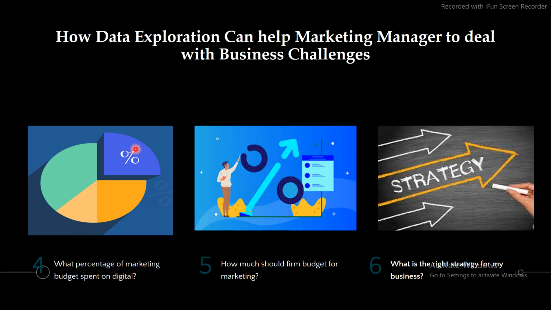Okay, what percentage of marketing budget should be spent on digital marketing? You can say how much should be the budget for marketing, how much you can keep for sales, for finance, for different verticals. What is the right strategy for your business? Which strategy you can pick for your business, right?